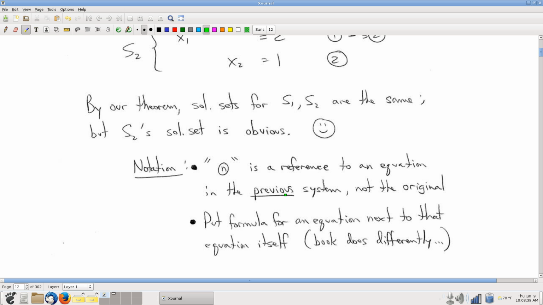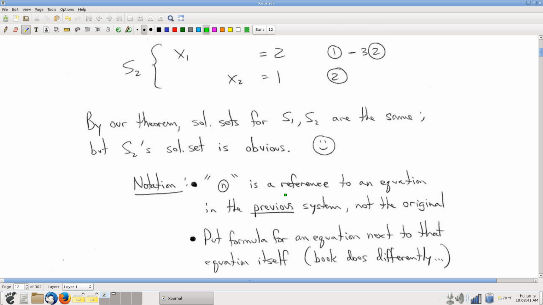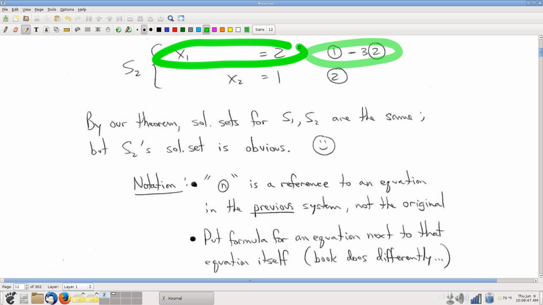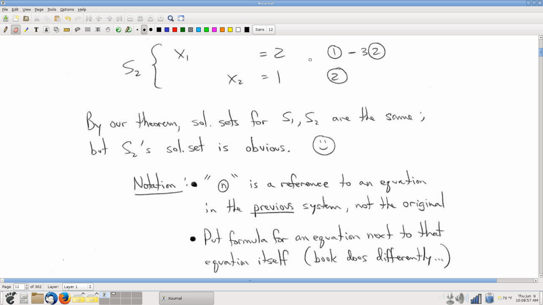Okay. Another little notational observation that I'll make. I like to put the formula explaining where a given equation came from right next to the formula itself. The book has a different convention on this, so just heads up for that.